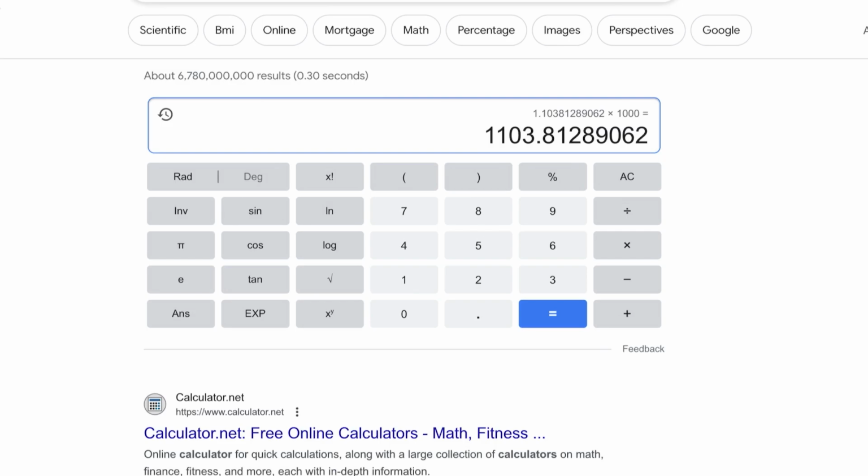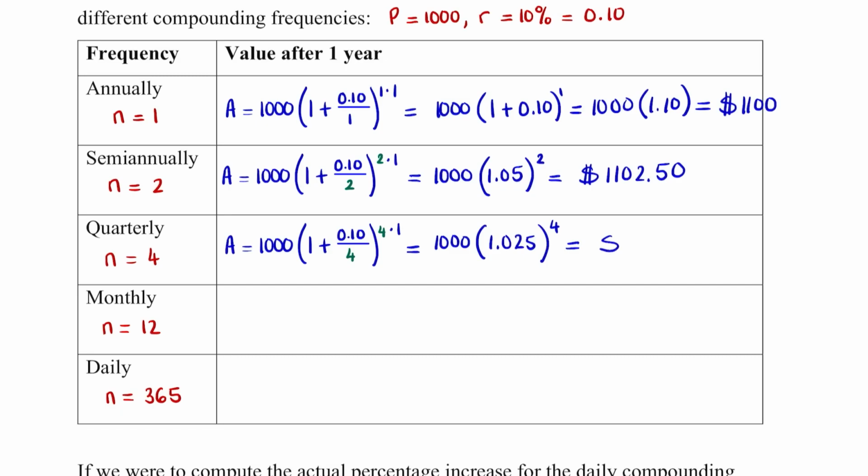1103.81289062. But this is an amount of dollars, so I'm going to round it to 2 decimal places. So it's $1,103.81.